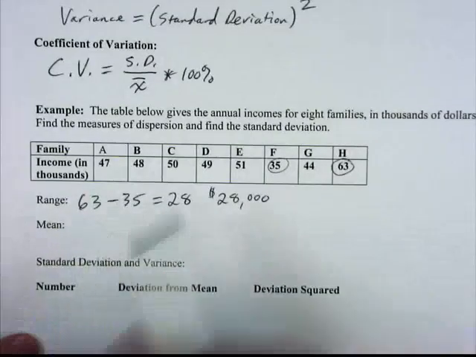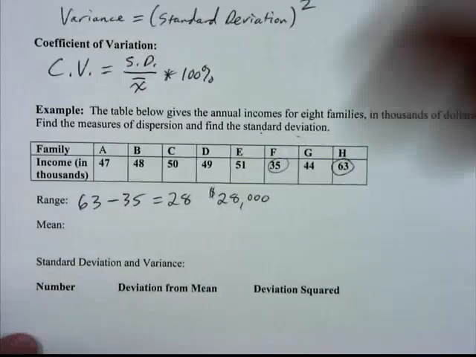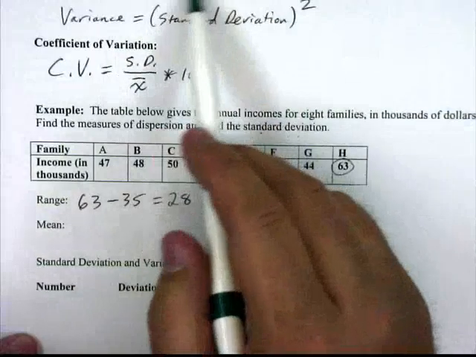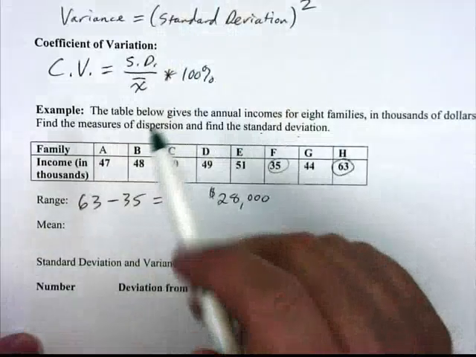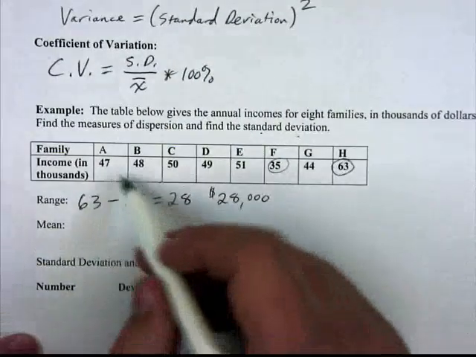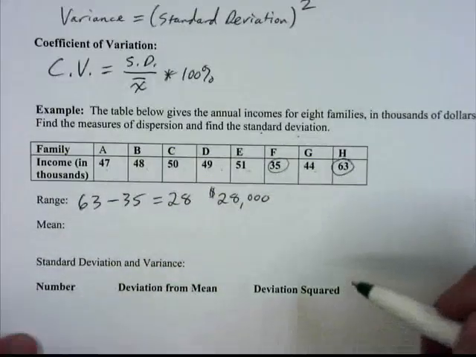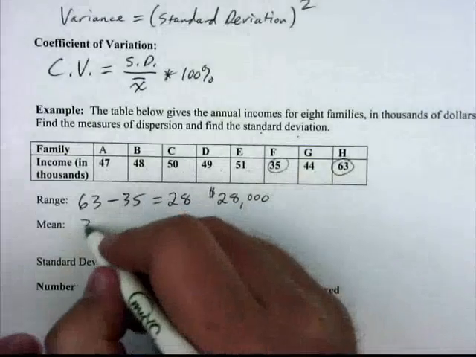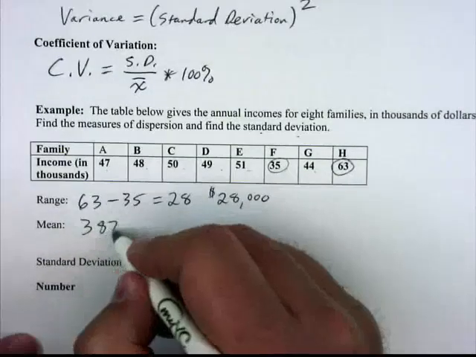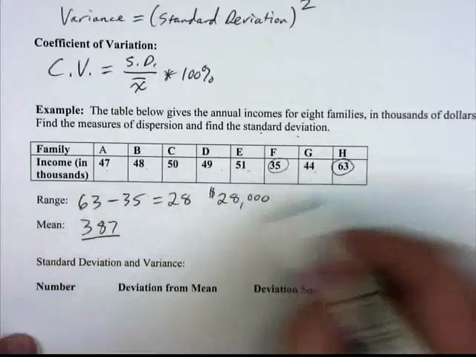Now, in order to find the standard deviation, remember the first thing we said it was the average of the deviations from the mean. So the first thing to find out is what's the mean. And the mean is going to be the sum of all these numbers. So if I add up all of those numbers, and I did that already, I get 387 divided by the number of numbers we have, which is 8.